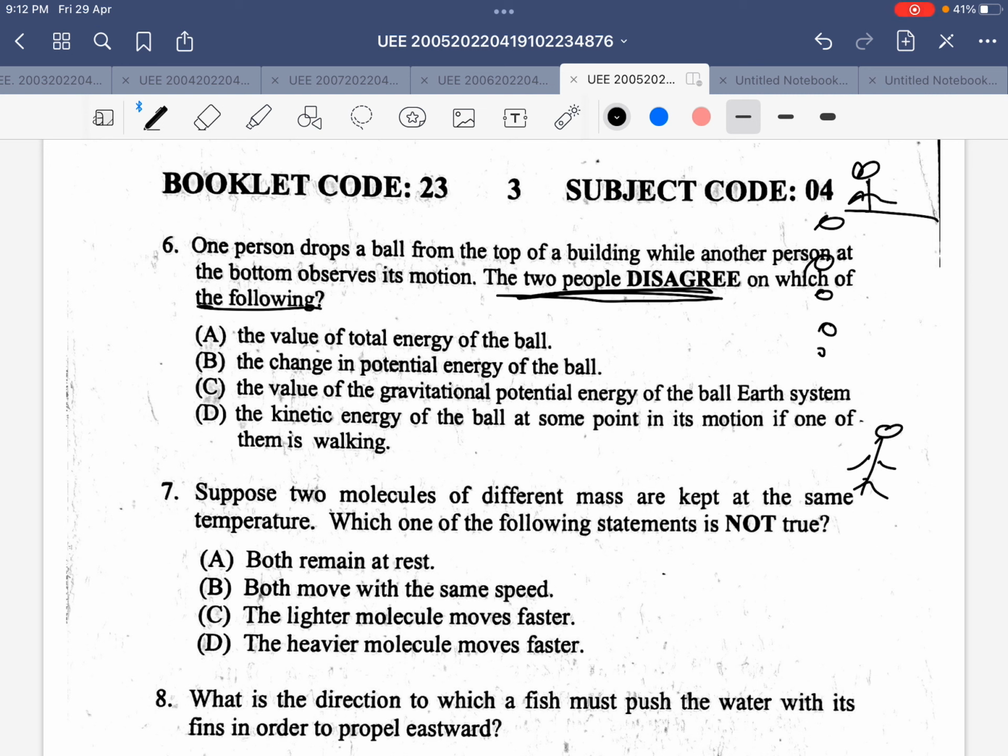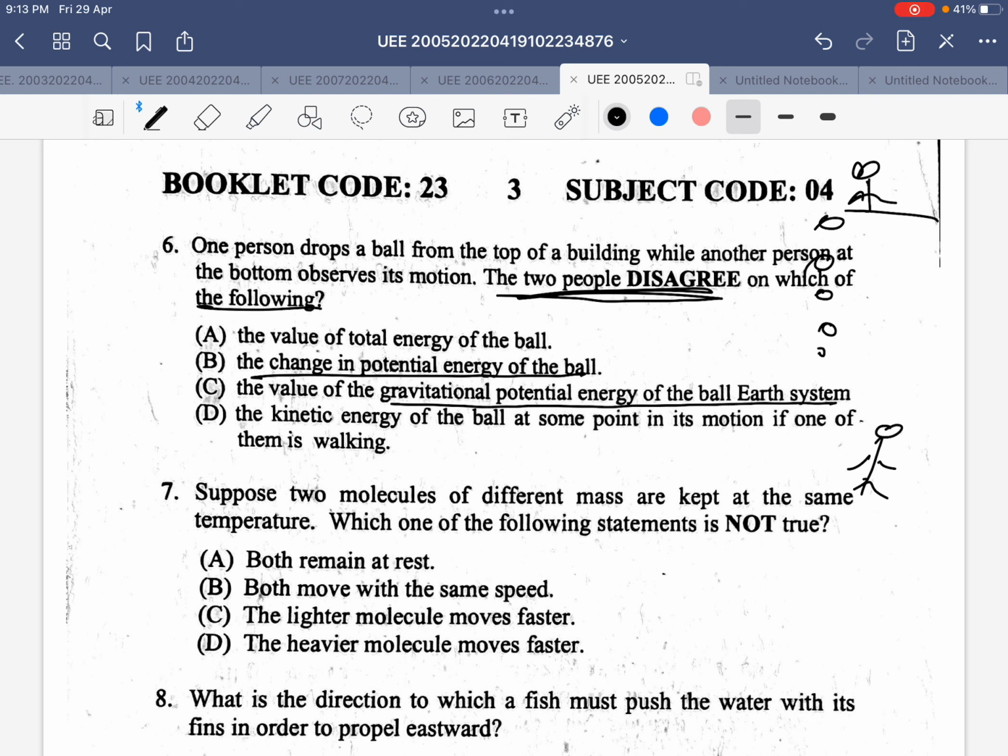A. The value of the total energy of the ball. Total energy is constant. B. The change in potential energy of the ball, the same. C. The value of the gravitational potential energy of the ball or the system.